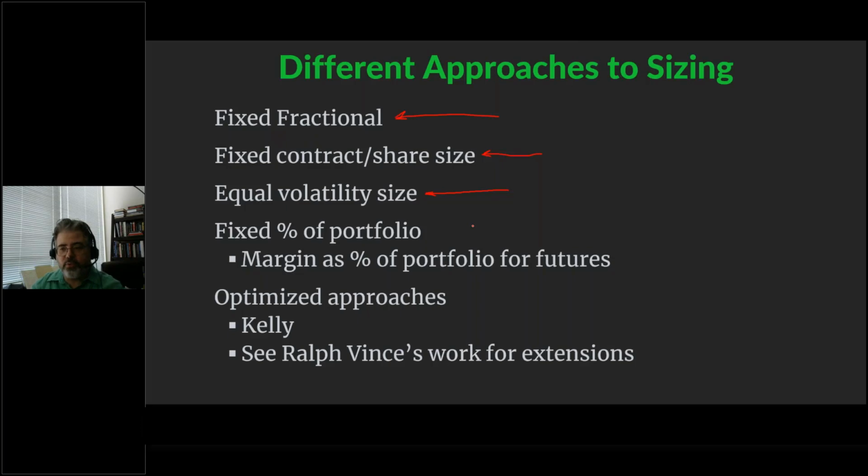What you do, the point of this is to normalize the daily portfolios, the contribution to your daily P&L from individual markets. Now, you see, this is the thing. Position sizing is a problem, and it's a problem that we can solve. However, you have to understand, what are we trying to solve for?